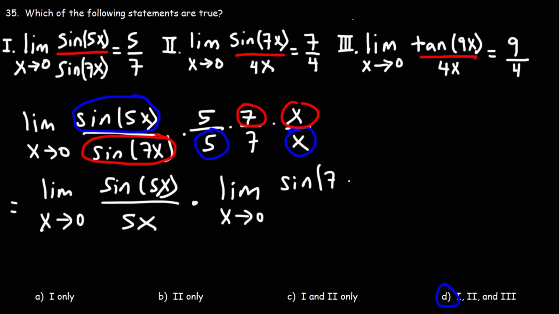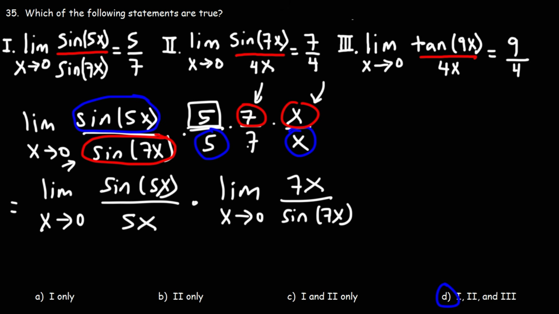I have just 7x on top, but the sine is on the bottom. So this is going to be 7x, from what we have in red, over sine 7x, which is what we have here. Now what's left over that's not highlighted is 5 over 7.